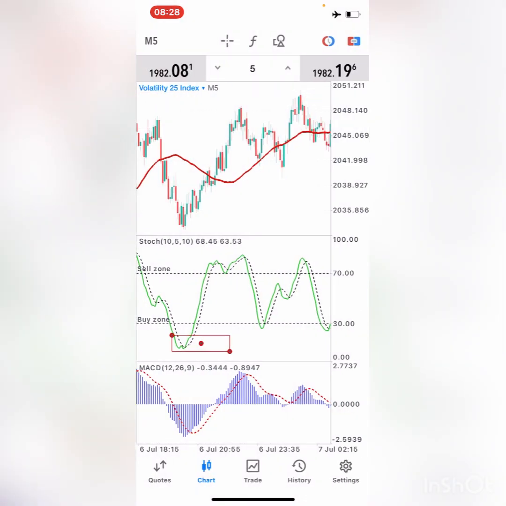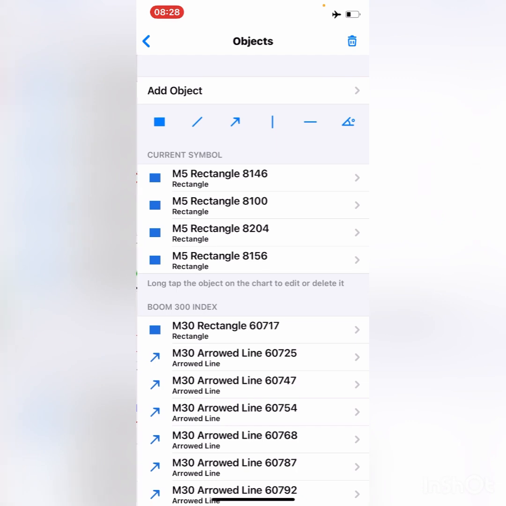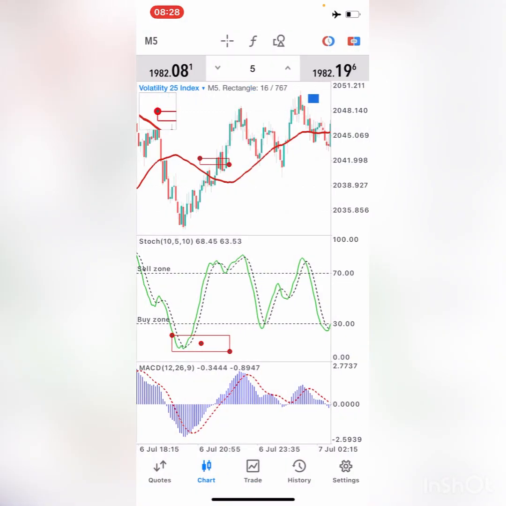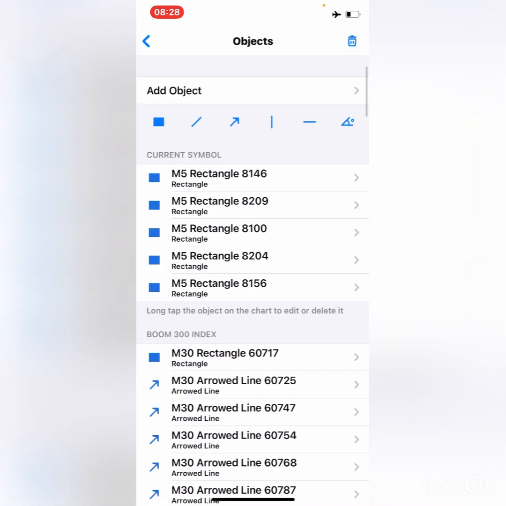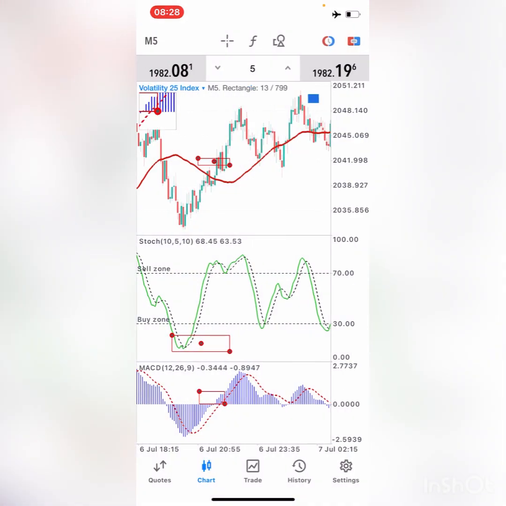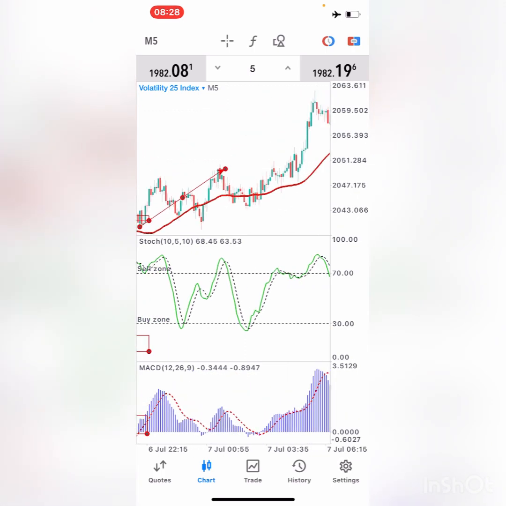Your stochastic has to be in your buy zone. Second condition, your candlesticks have to cross above your moving average. Third condition and final, your MACD has to cross the zero level, to be above the zero level. And as you can see, we went all the way up, right? We went all the way up after that.